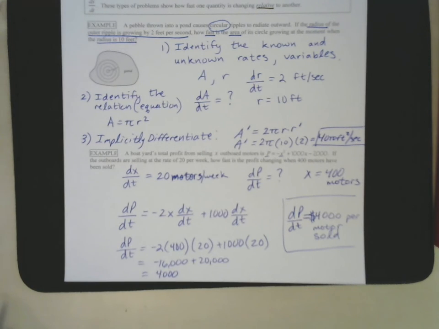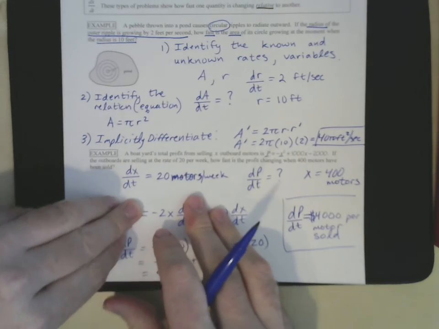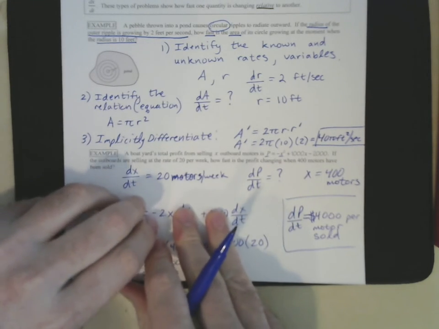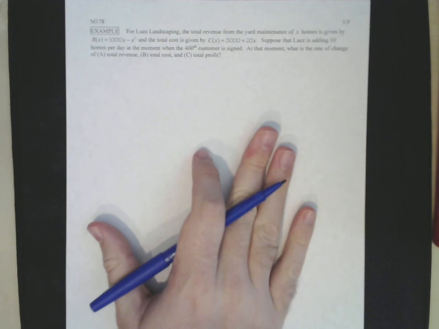So those are two basic examples here. Let's flip the page and look at one more example. We're doing 3 different problems with it, and it's a little bit more interesting because of that. So we have Loose Landscaping, and their total revenue from yard maintenance of x homes is given by R of x is 1000x minus x squared.